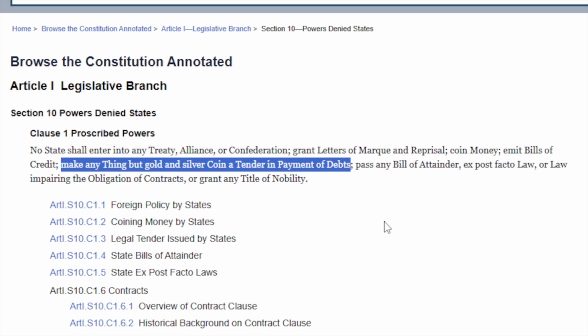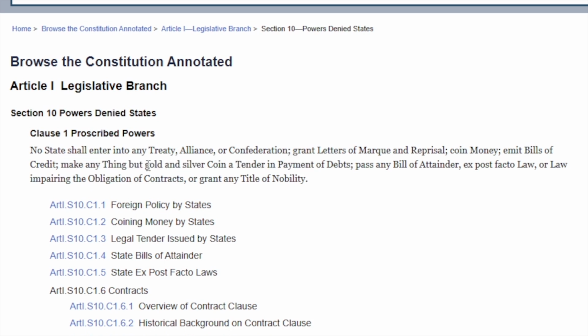There it is. Tender of payment is the umbrella term for all the other types of payments that exist. Legal tender, which are your Federal Reserve notes, is one option under the whole umbrella of categories that exists as tender of payment. Gold and silver is another form of tender of payment.